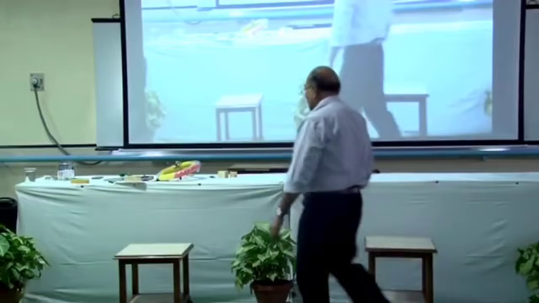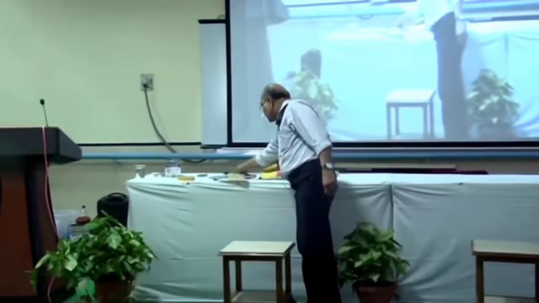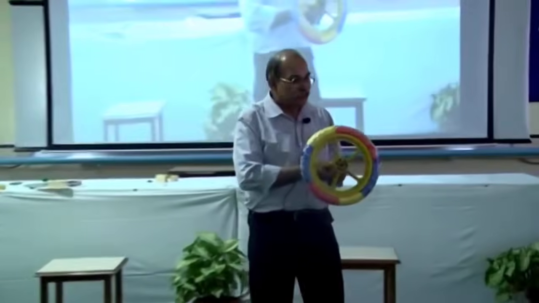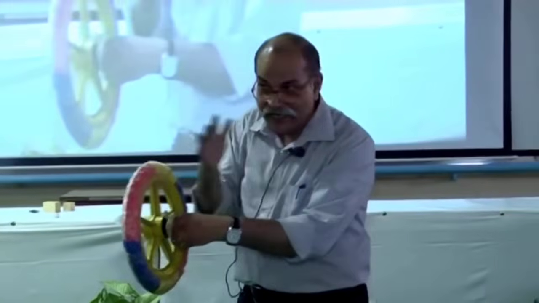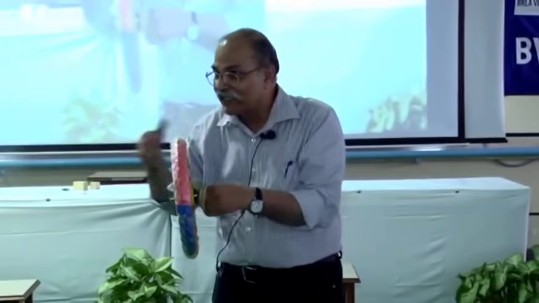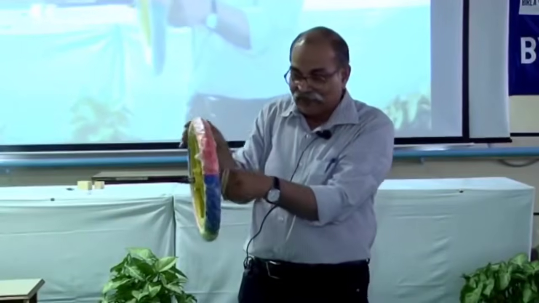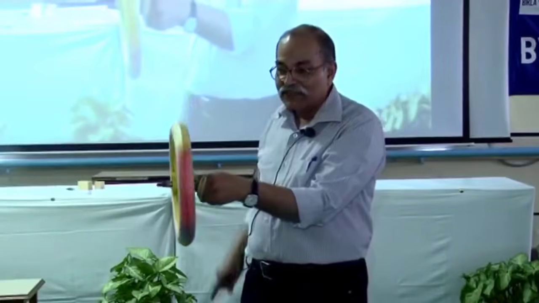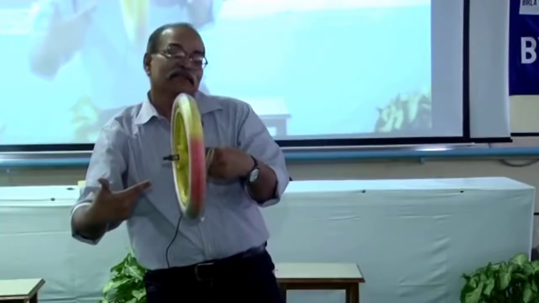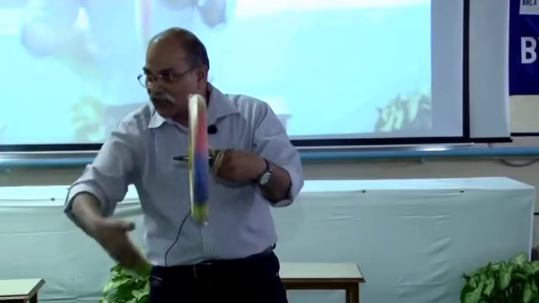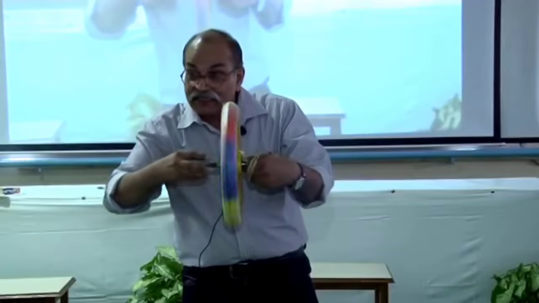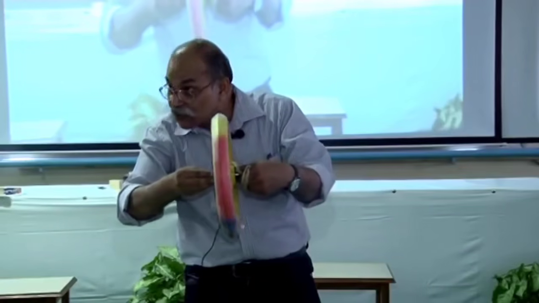Okay. So I have something which will rotate. Let us take this one. I am on one side, and these people are on the other side. Now, you people tell me, is it clockwise or anti-clockwise? From this side, it is anti-clockwise. What is the rule? If you find it anti-clockwise, the direction of angular velocity is towards you.